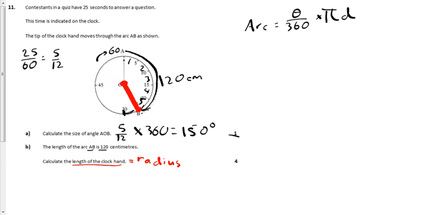And what we could do is put in all the numbers we know. We've been told the arc length is 120 centimeters. We know that angle is 150 over 360.